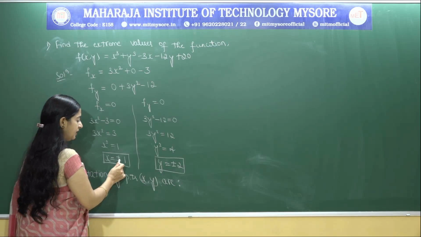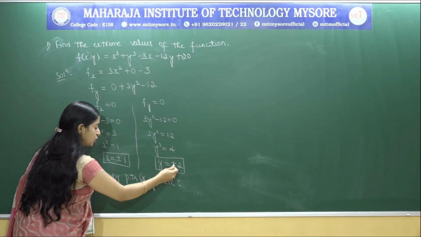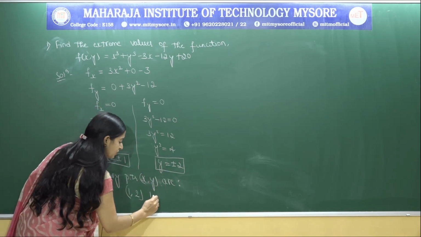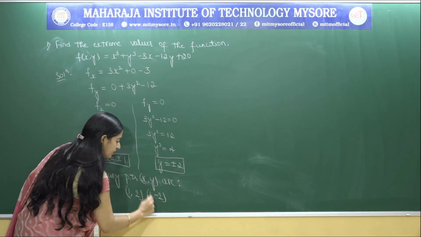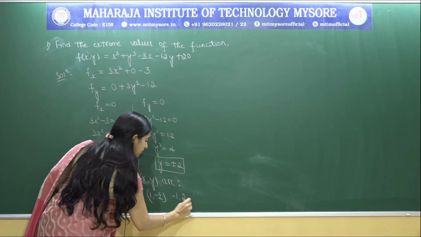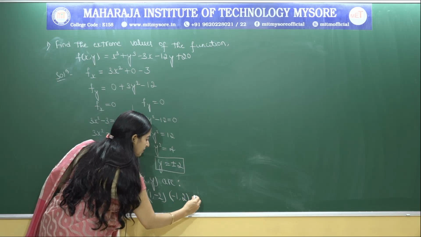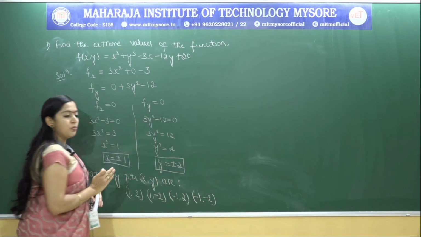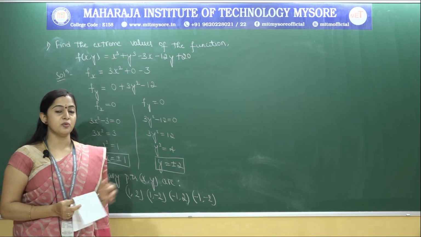The first possibility here, you have plus 1 and plus 2. Next, 1 and minus 2. Next, minus 1 and plus 2. Last one, minus 1 and minus 2. These are the 4 possibilities of the stationary points.